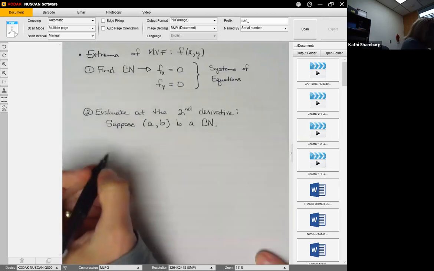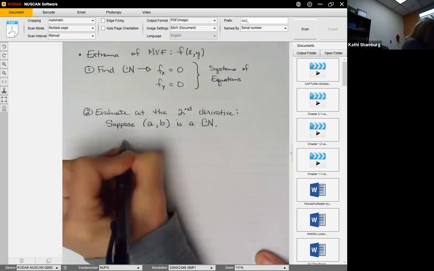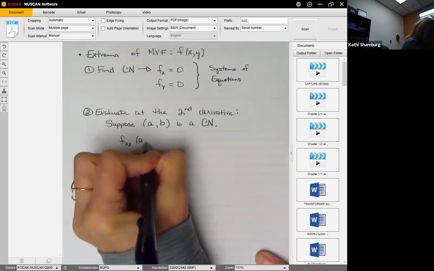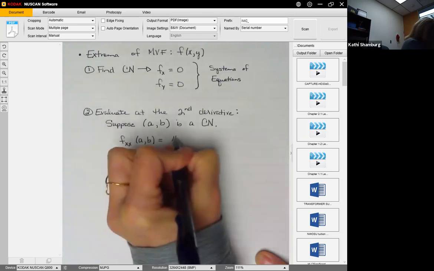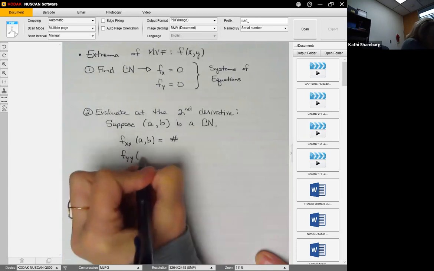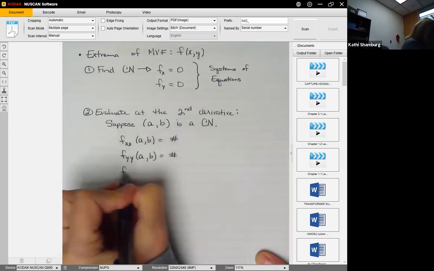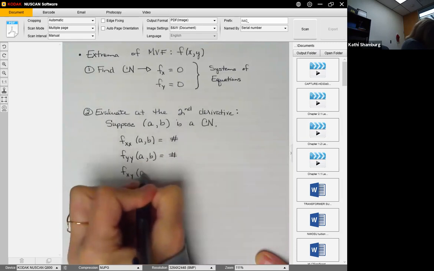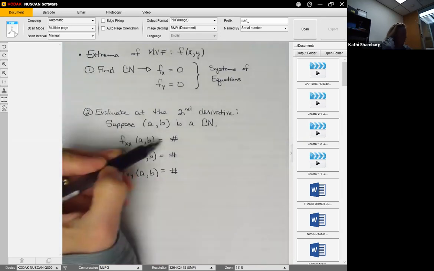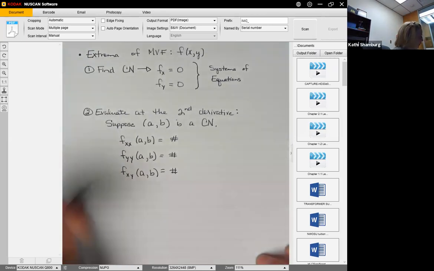Then you're going to take this ordered pair and find f sub xx at that point, and it will equal some number, f sub yy at that critical number, and f sub xy at that critical number. And then these will be numerical values, okay? All right, so that's step 1, step 2.